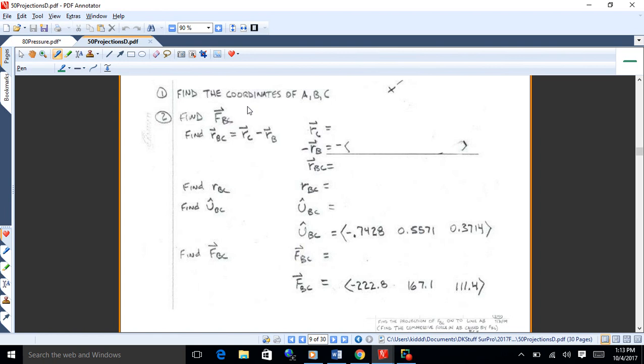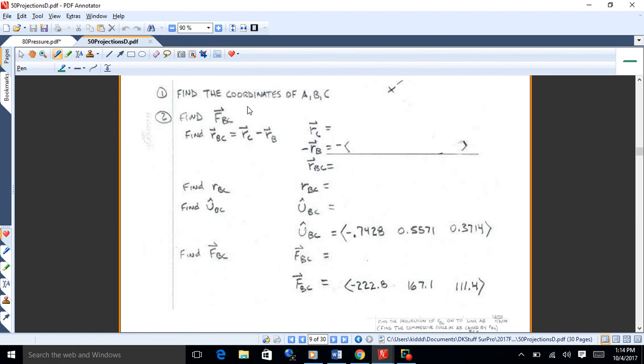Got a couple of those answers in there just so you can kind of see how you're doing down the way. Do the subtraction on the vectors first and get the position vector.